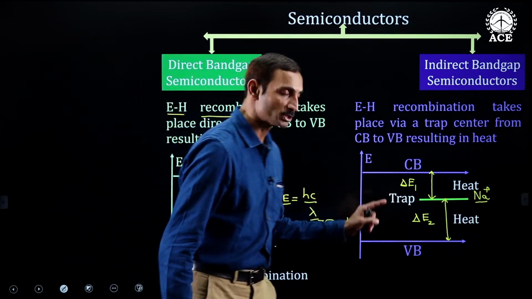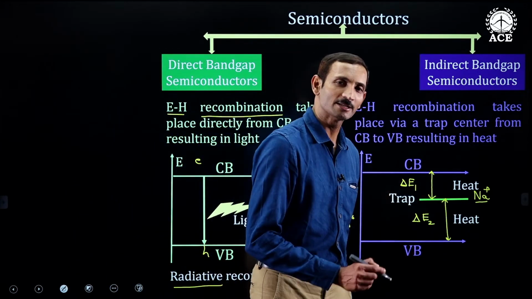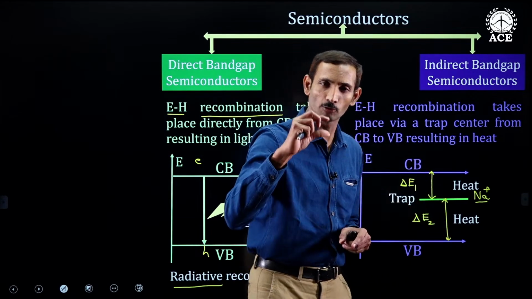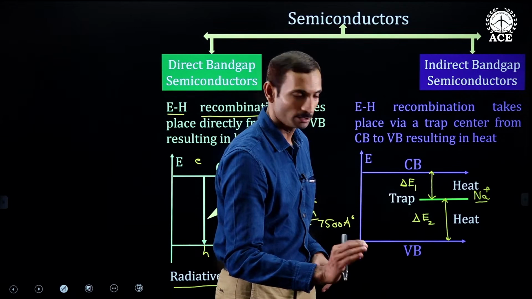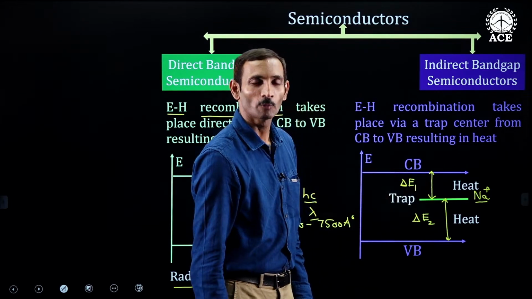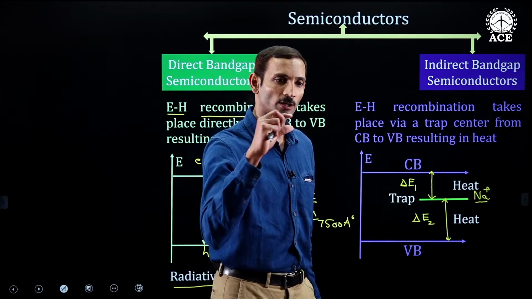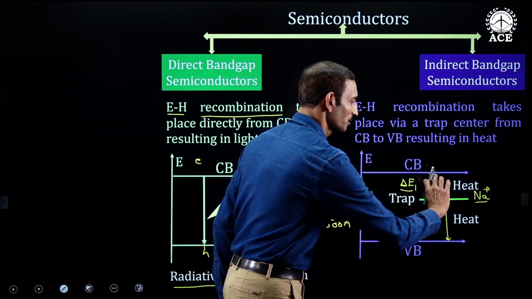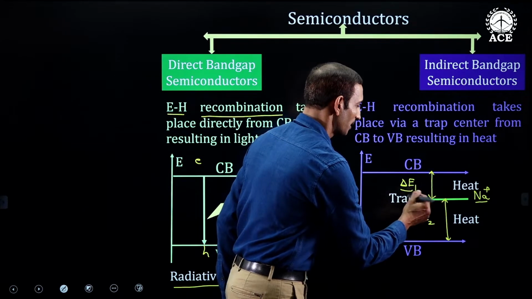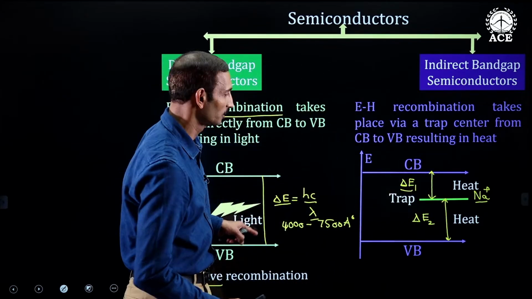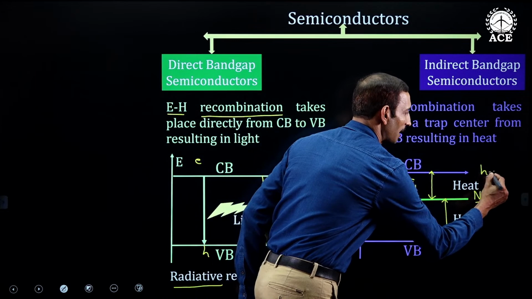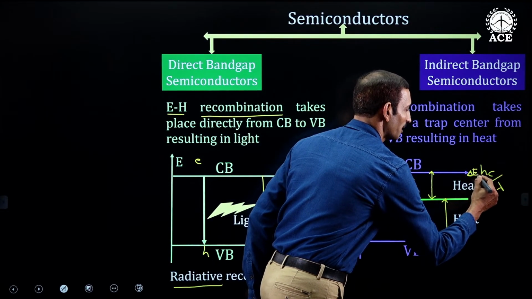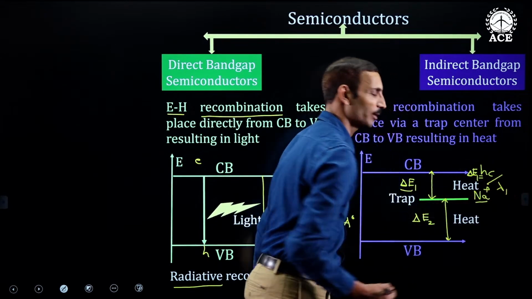Now, coming to these two. Since delta E is less, the total energy is now split into two parts. One has delta E1, the other one has delta E2. What is happening here? The entire energy has become two parts. So the energy of the transition delta E1 is definitely less than that of this one. Automatically the value of lambda corresponding to this transition, say delta E1, is lambda 1.